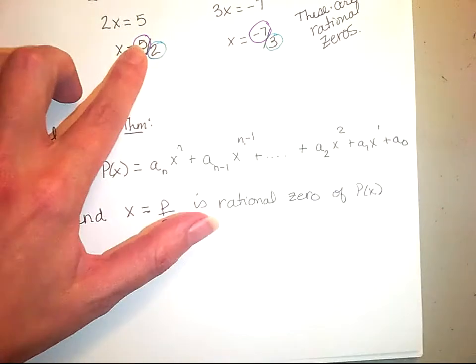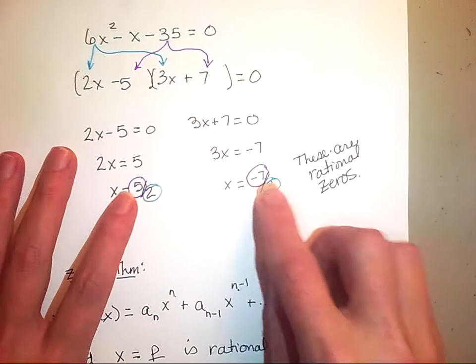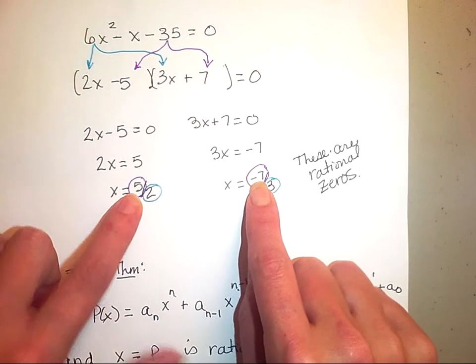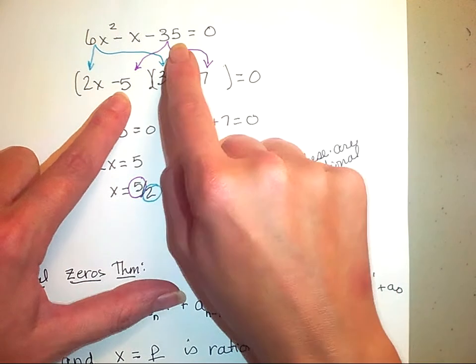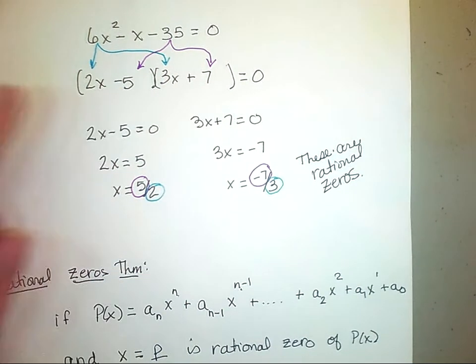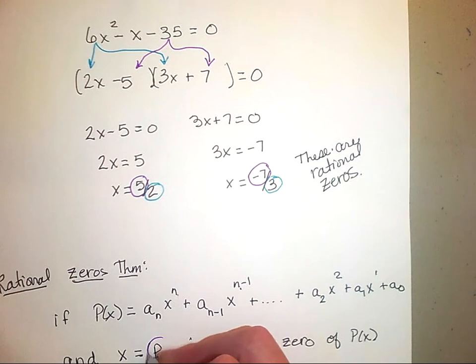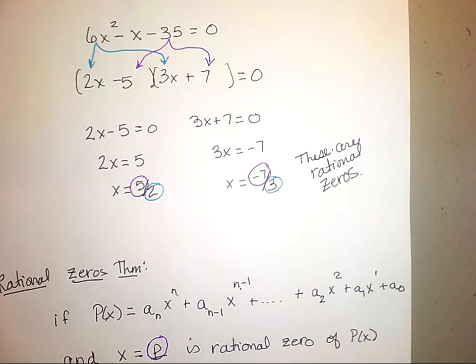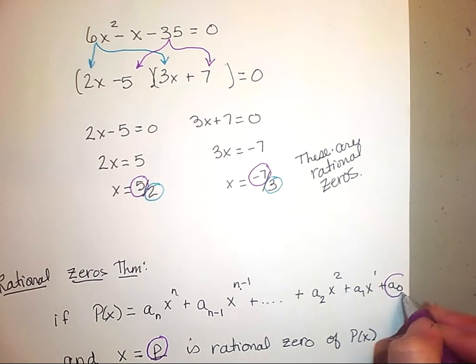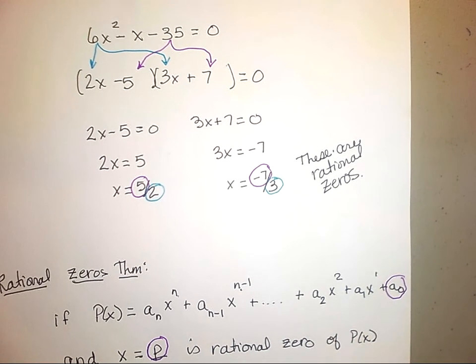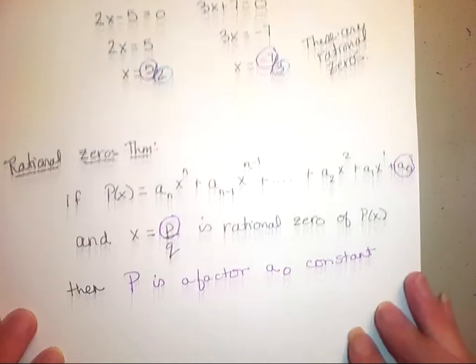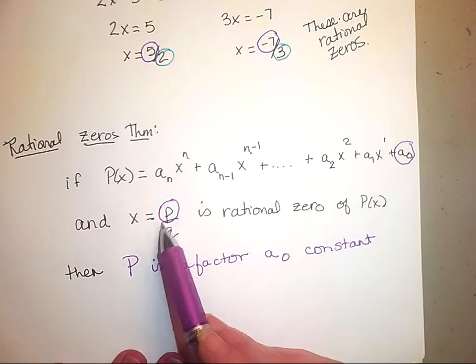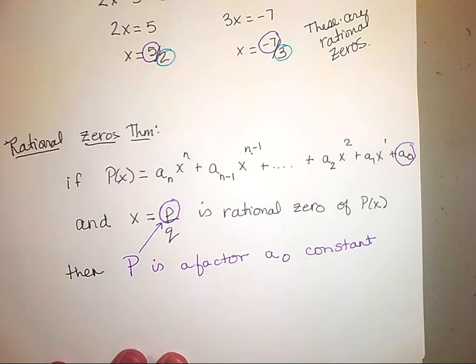Notice that the numerators here were factors of the constant term. Then p is a factor of the constant term a sub 0, a constant. Then this p that we're talking about here is a factor of a sub 0, which is our constant term.